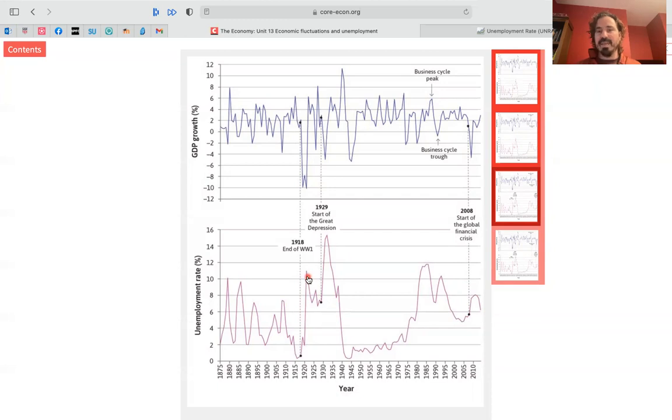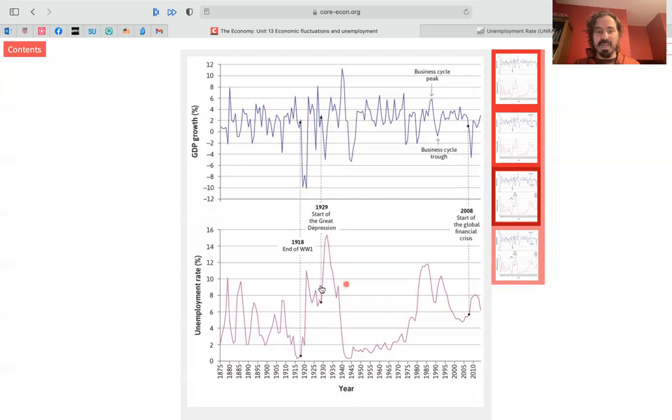The United States does not have such a dramatic drop-off right after World War One. Instead, ours comes more in the Great Depression, but the Great Depression is not as significant in England as it was in the United States. But you can still see with the Great Depression that GDP goes negative and the unemployment rate again goes up.